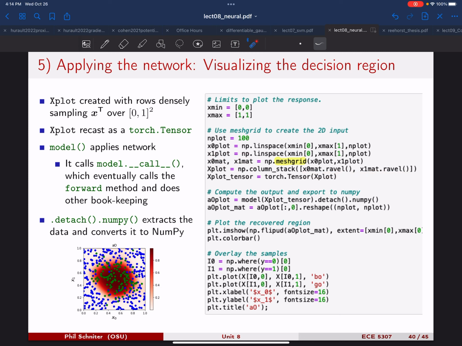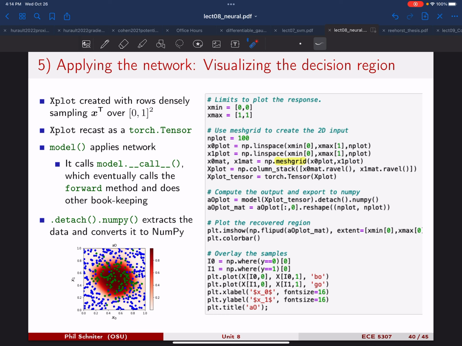And once we stack them like this, we are going to get a list of pairs that will go through every point on our grid and give us the corresponding x0, x1 values. So now we have this long list of 10,000 x0, x1 pairs, and that's what is in xplot. And we want to evaluate every one of those 10,000 points by putting it through our network.